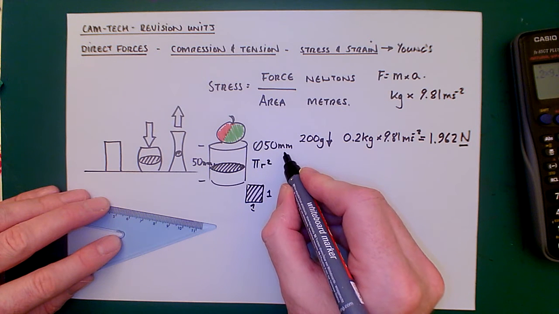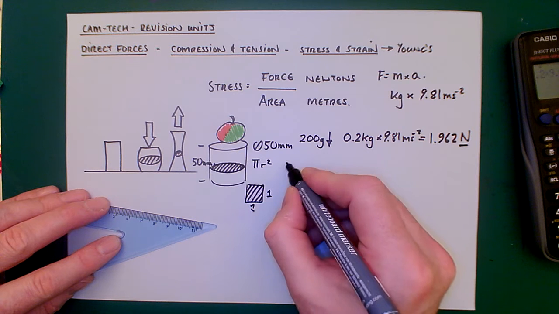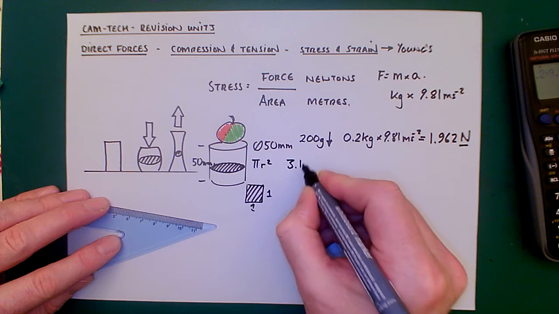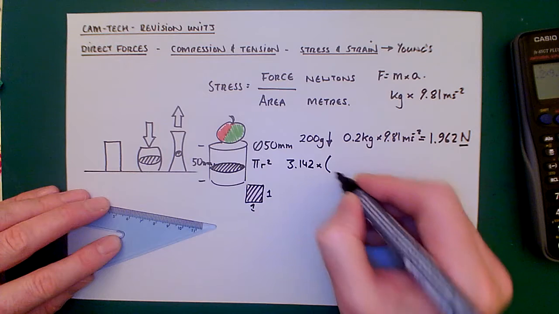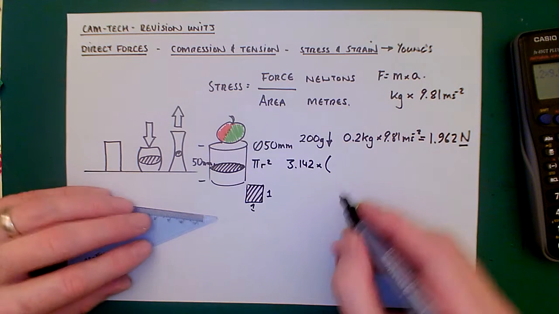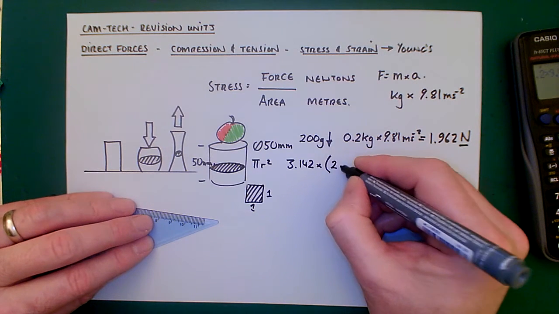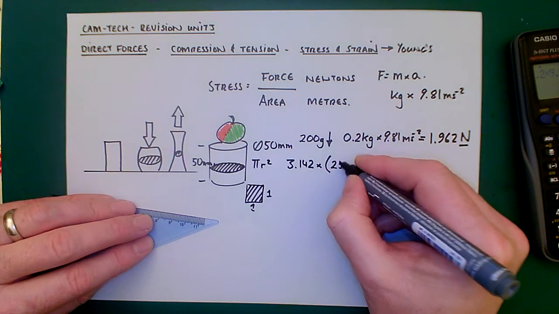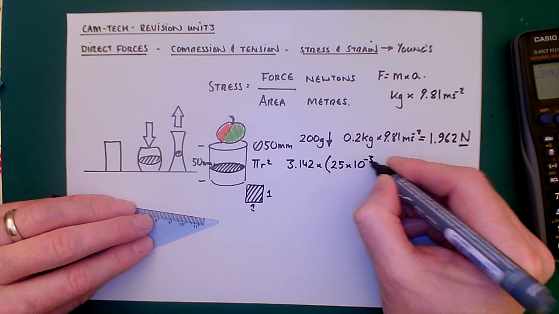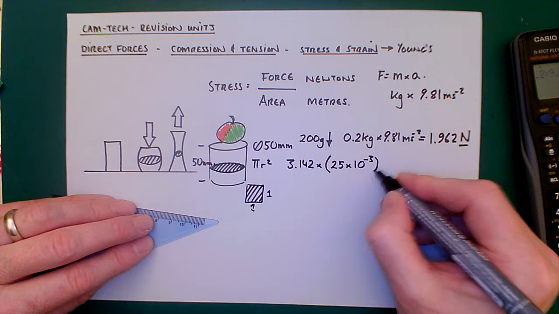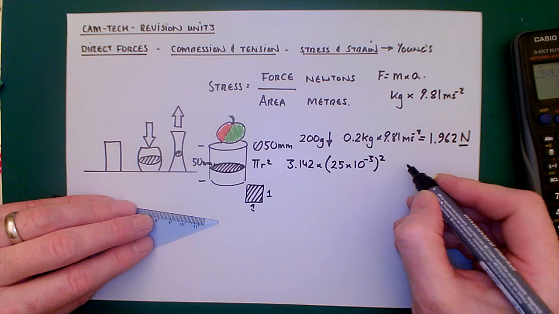We've got 50 millimeters, we'll need to convert that. So pi multiplied by, I like to use brackets just to keep things neat, half of 50 is 25, 10 to the minus 3 gives us meters, and then I'm going to square that.